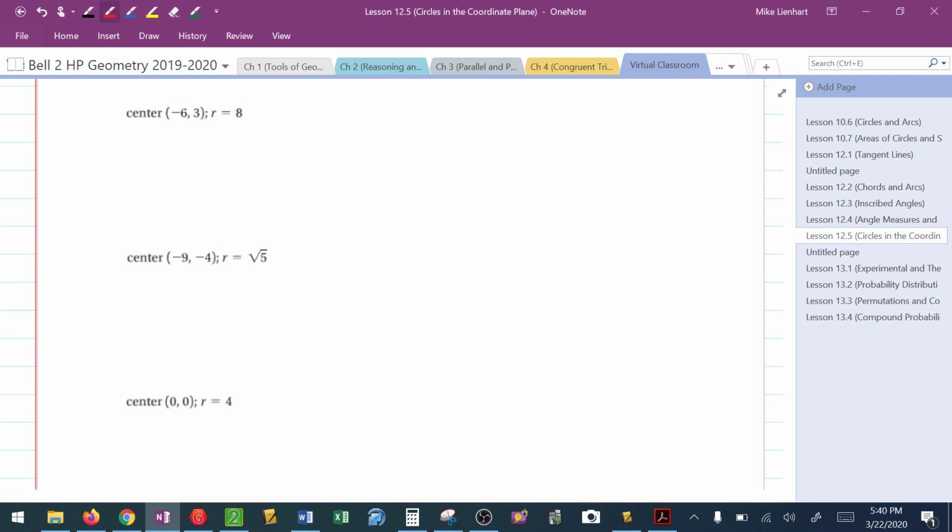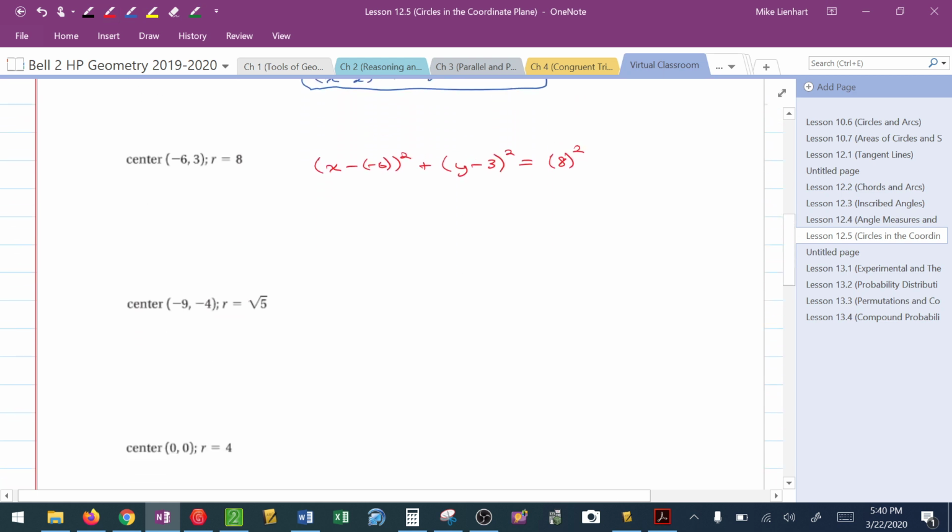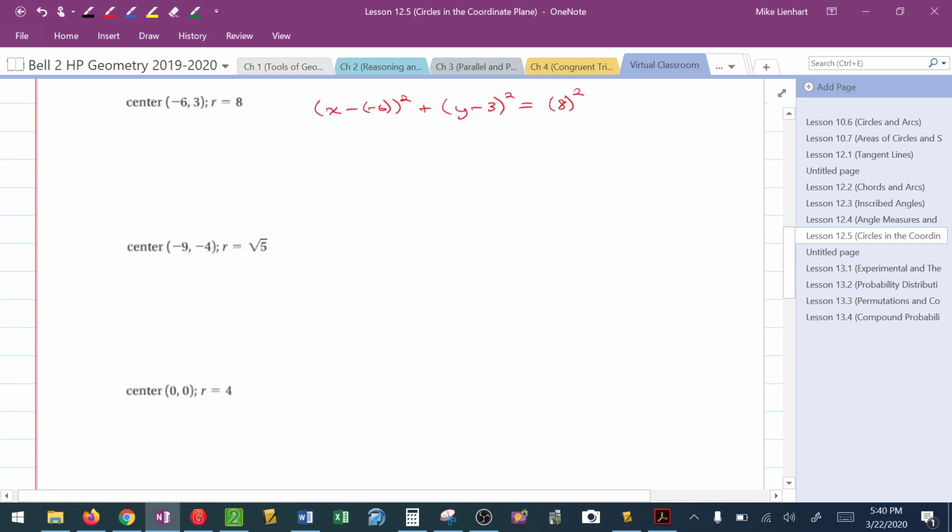All right, when I plug it in, I'm going to have (x - (-6))² + (y - k)², or 3 in this case, squared equals r². Now, one of the things to watch out for is sometimes they'll sneak in a diameter.